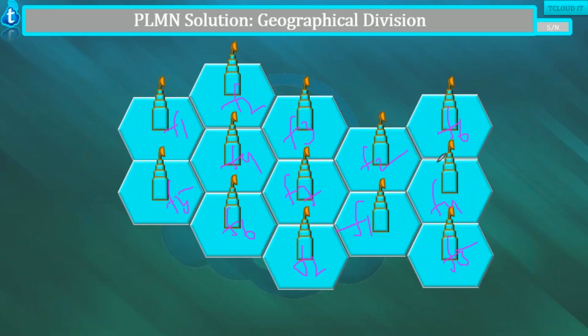So you are dividing the frequency in two levels. For example, the operator buys like 2 megahertz of frequency, and the operator divides that into 10 pieces of 200 kilohertz each. Now each 200 kilohertz is allocated to one cell.